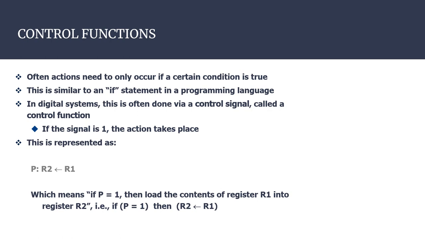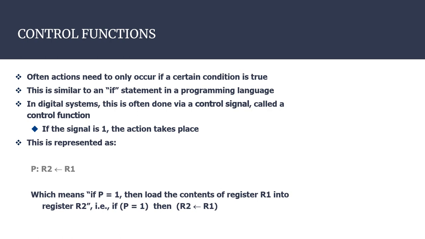So P is a Boolean variable. It can have either the value 0 or the value 1. It reminds us of the if statement in a programming language. If P is equal to 1, then perform this operation, and if P is equal to 0, then this will not be executed.